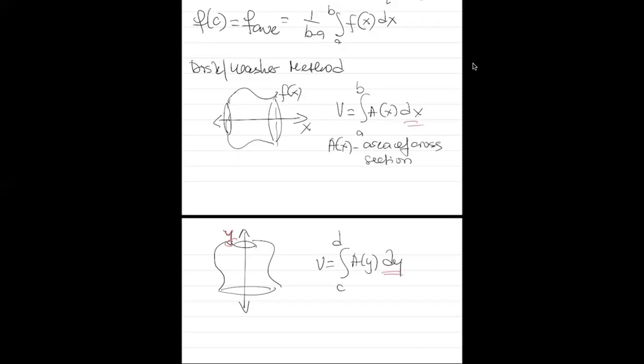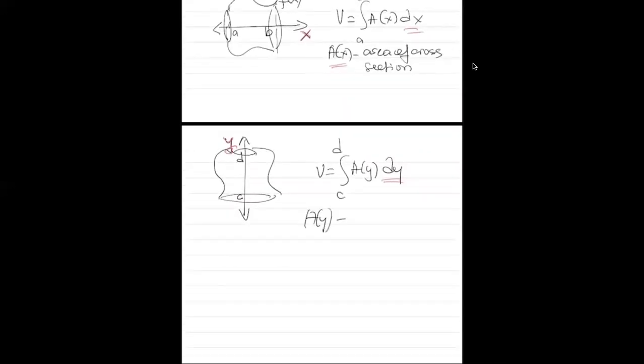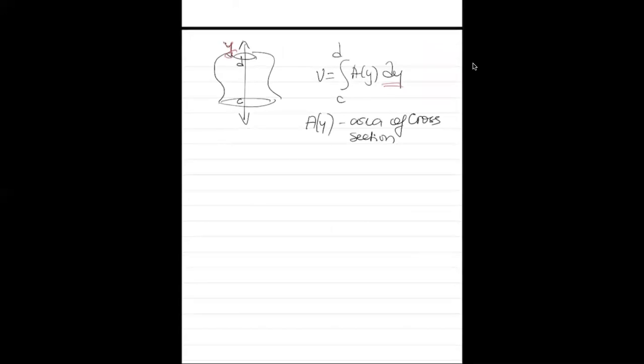In the first case, it was in terms of x, because you rotate around the horizontal axis. So c and d are on the y-axis, a and b are on the x-axis. Regardless of what the cross-section is, A of y is the area of the cross-section, be it a circle or a washer ring. So that's the first method.